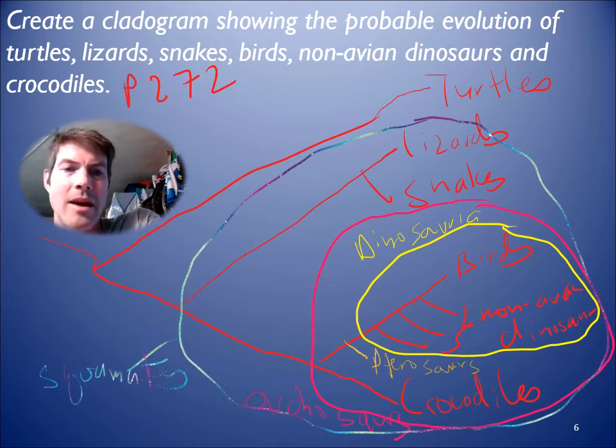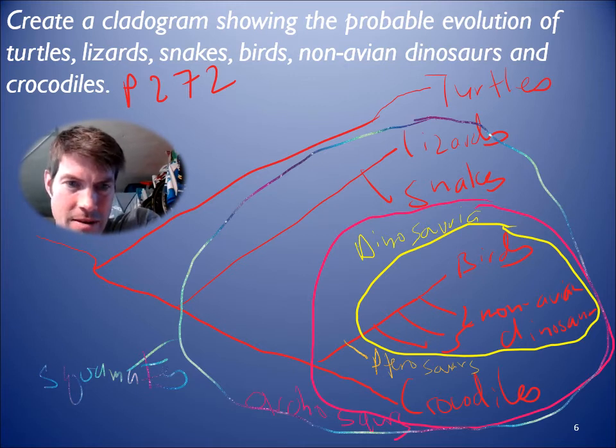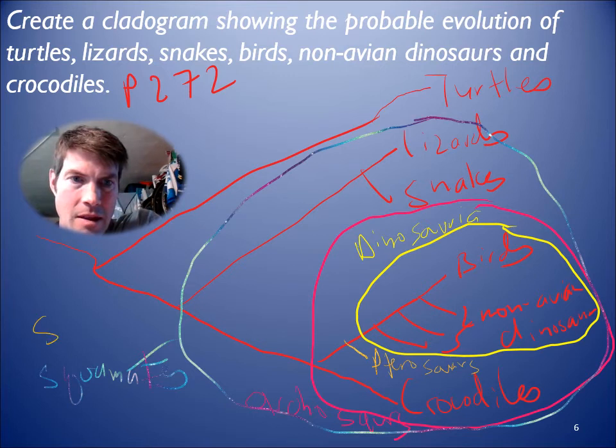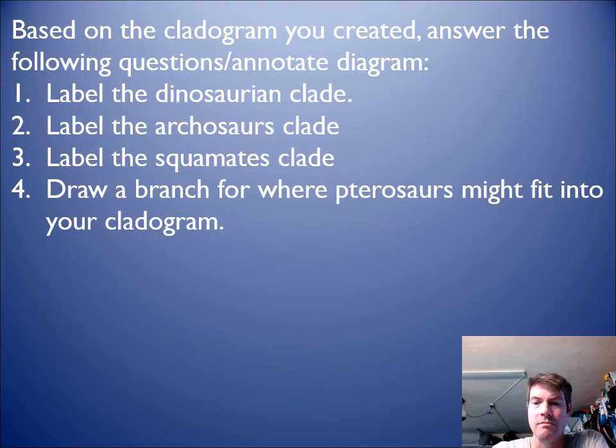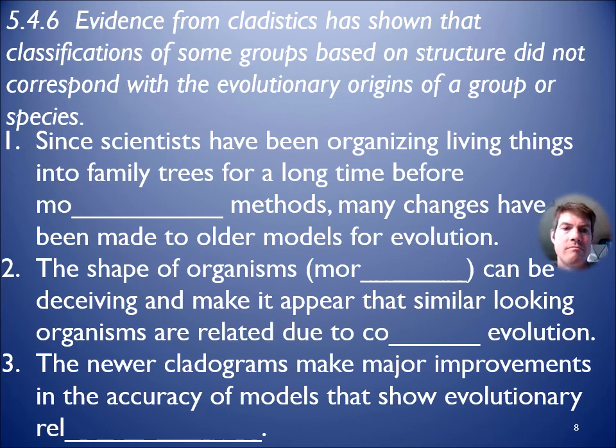And then squamates, it's kind of hard to read in the handwriting or the color I chose here, that's what this is, which includes the lizards and the snakes. So this is on 272. It gives experience with how to make a phylogeny there.